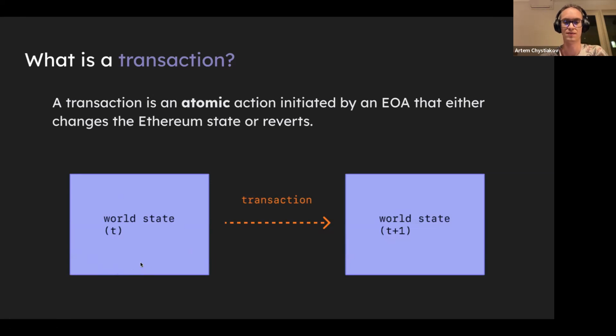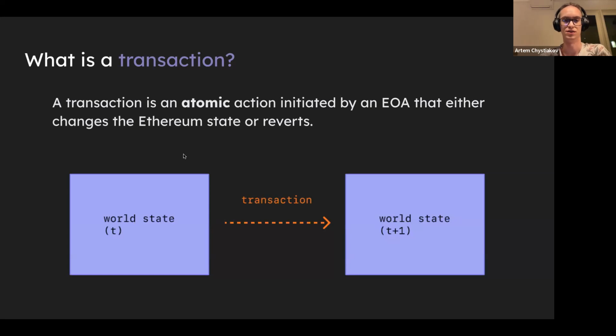It is free, but in order to change the state, you have to initiate a transaction that applies some changes to Ethereum, either transfers Ether or interacts with a smart contract that writes something to its state or emits events, and a transaction changes the state to T+1 from state T.